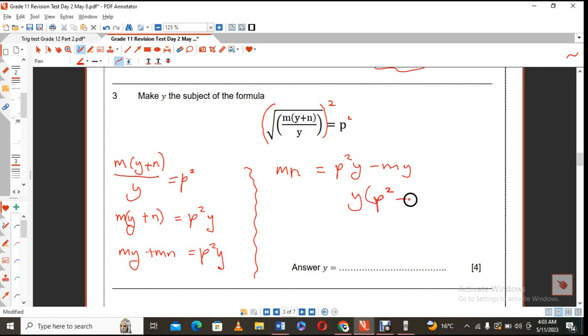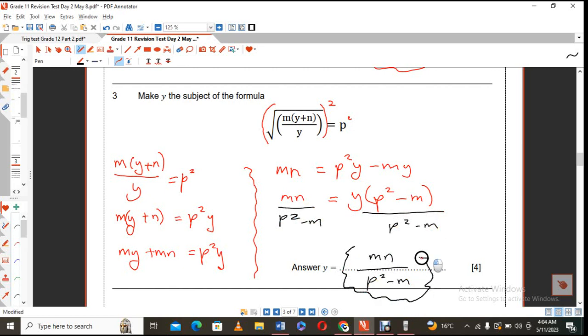That is p square minus m. On this side is mn. So both sides must be divided by p square minus m. So at the end of the day, it is mn over p square minus m.